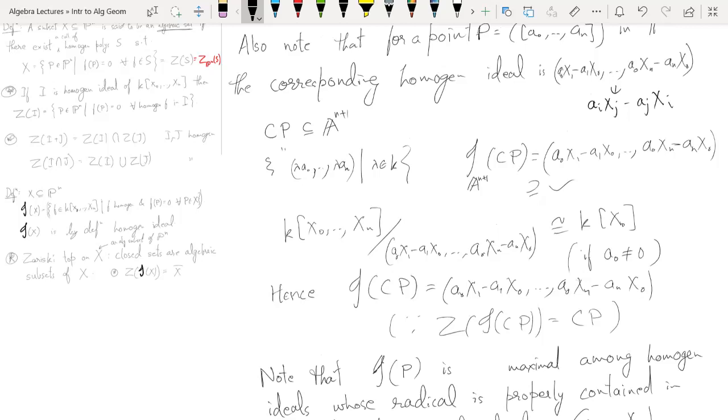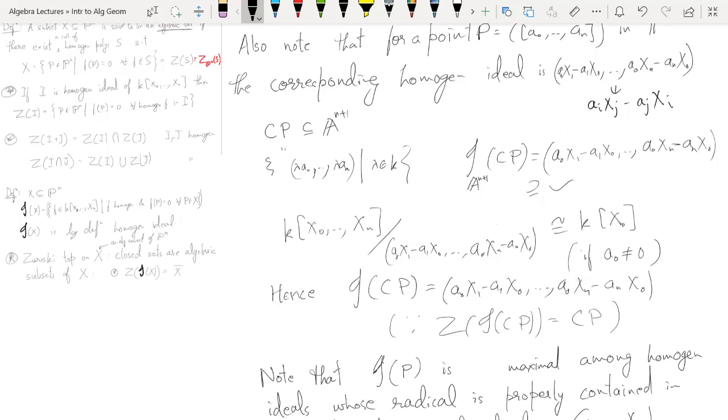So note that if you go mod this ideal, you get K[x0], isomorphic to K[x0] if a0 is non-zero, because you can write x1 as a1/a0 x0 and so on, xn as an/a0 x0. Hence you can give a map where you send xi to ai/a0 x0, and the kernel is going to be precisely this ideal.